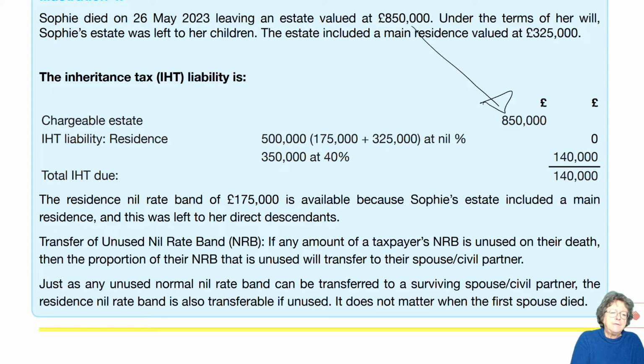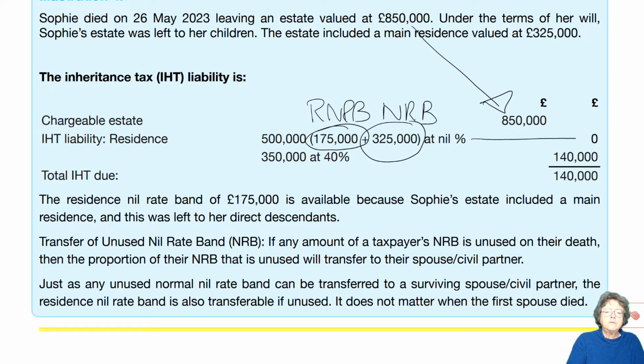Now we have £175,000 of residential nil rate band and the 325,000 nil rate band, all of which is a relief, leaving just 350,000 to be taxed at 40%. So the residential nil rate band of 175 is available because her estate includes a main residence and it is being left to her direct descendants.